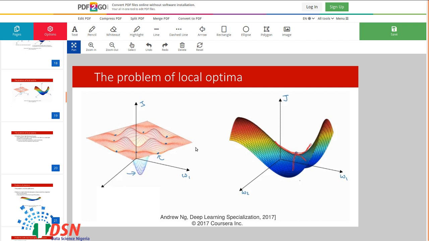If we reach a local minimum, there are some papers that show the local minima in deep neural networks are not really bad ones. But the bad thing is saddle points, and we have lots of saddle points in neural networks.